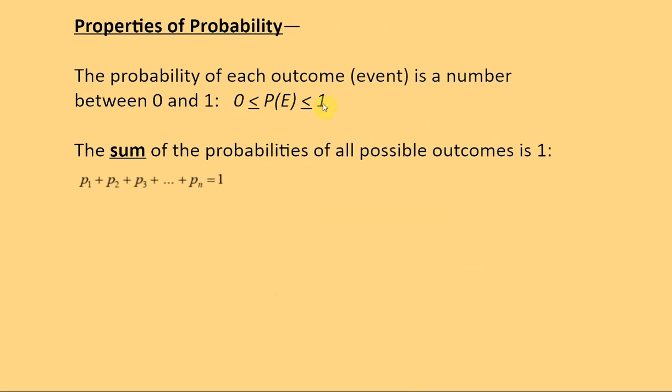They have to be in between 0 and 1, but 0 and 1 are included. If you get a probability and it's a negative number or it's greater than 1, then you've done something wrong. The sum of the probabilities of all possible outcomes is 1. If we add up all of the possible outcomes, it's going to equal 1.